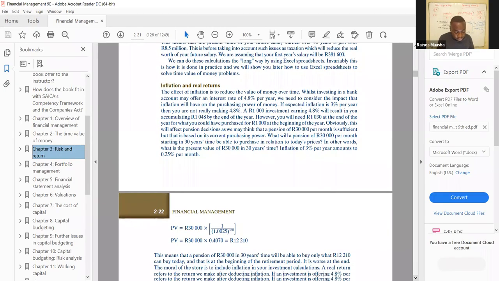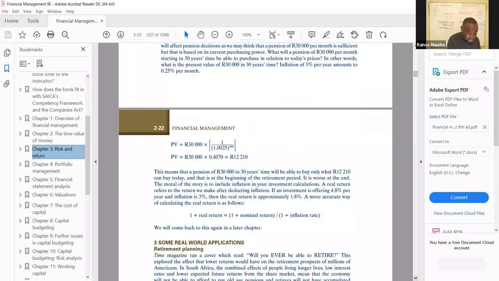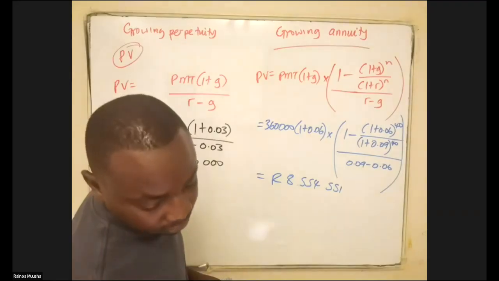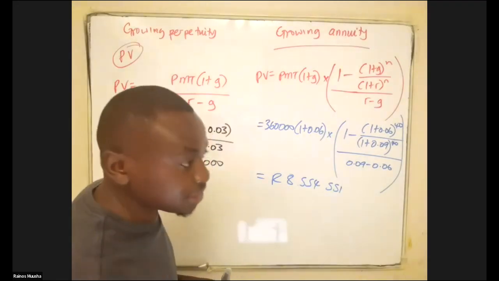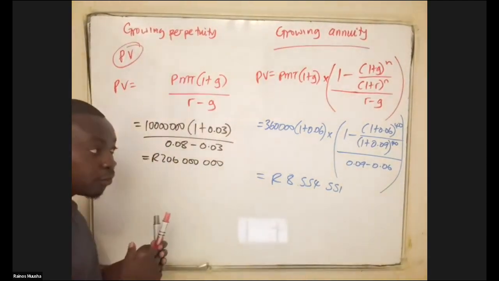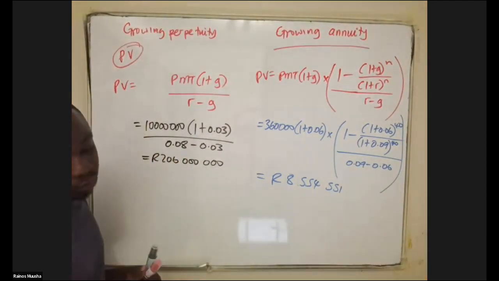So when you look at inflation and real returns, please take note of this formula. I don't like the way they put the variation there, but I'll give you the formula that I need you guys to take note of, because when they ask you these questions later on, you just need to know the formula and how it links as well.